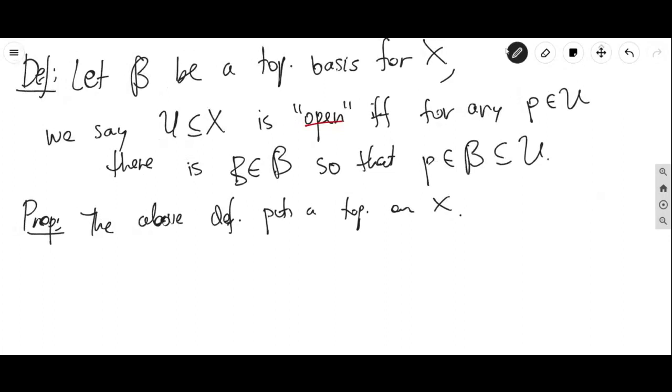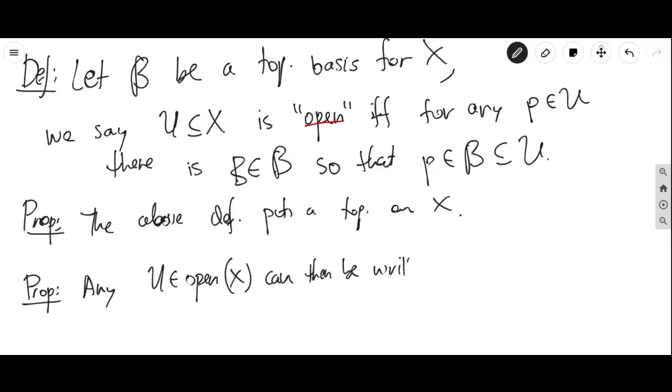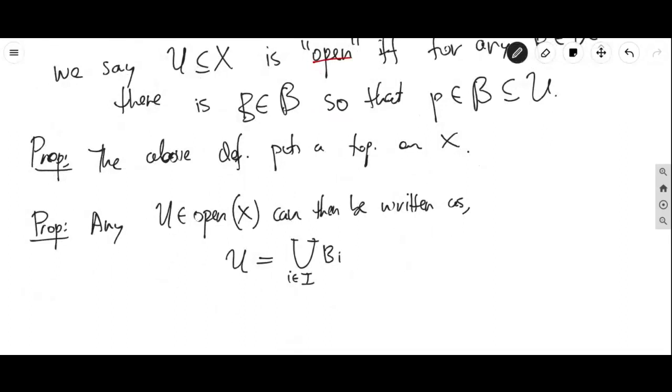Okay, and maybe to add, I think I mentioned this before, any open set U in X can be written as a union of the B_i, where every B_i is in the topological basis.